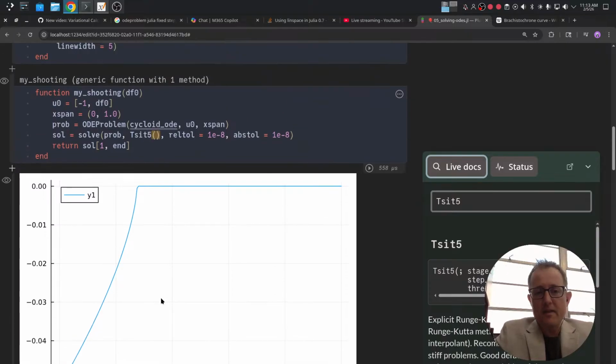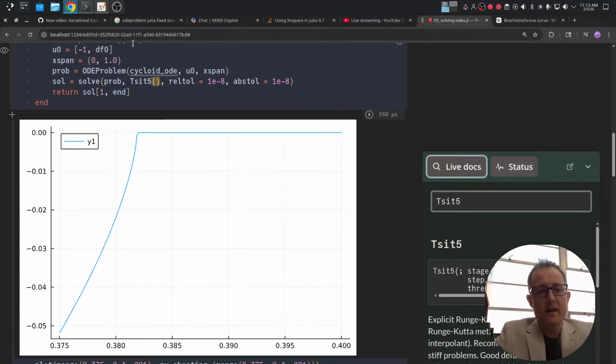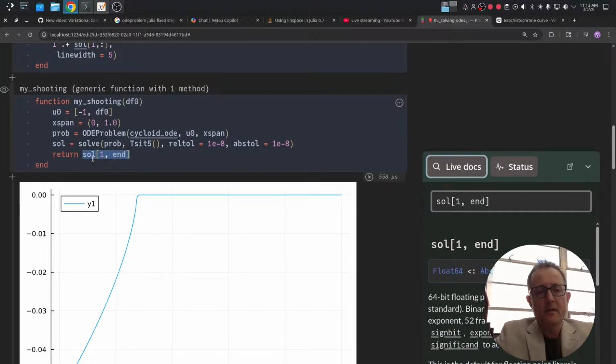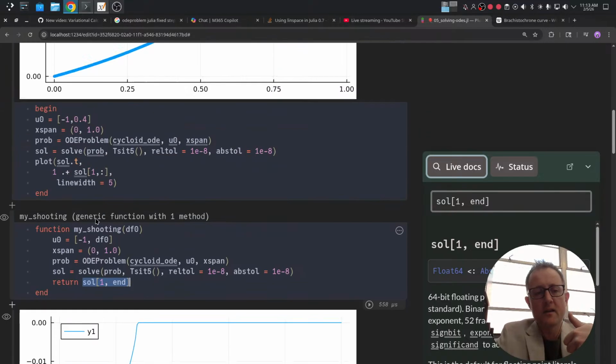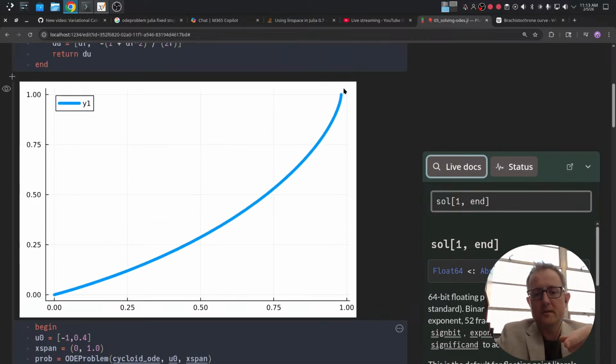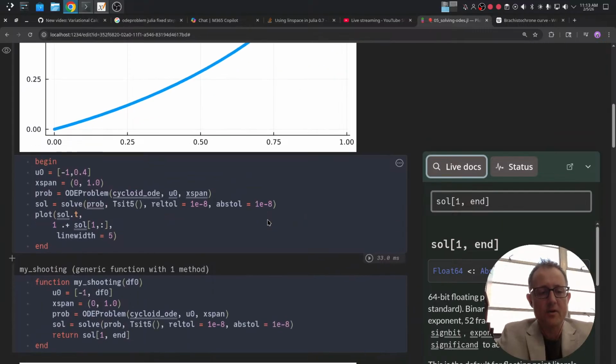The shooting method that I define says, show me what the solution at the end is, and if it's 0, then it's true. Remember, I'm starting down here at -1 and going up to 0, and my goal is just to grab this curve, flip it around, and then see how long it takes to get down it.